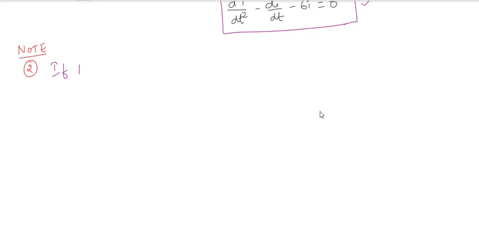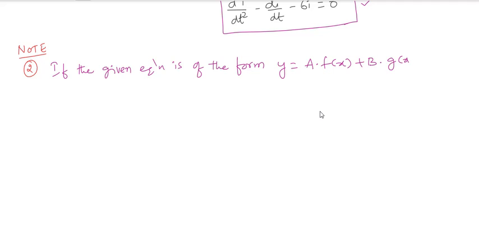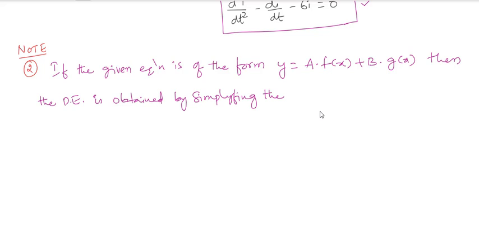If the given equation is of the form y is equivalent to a into f of x plus b into g of x, then the differential equation is obtained by simplifying the determinant.